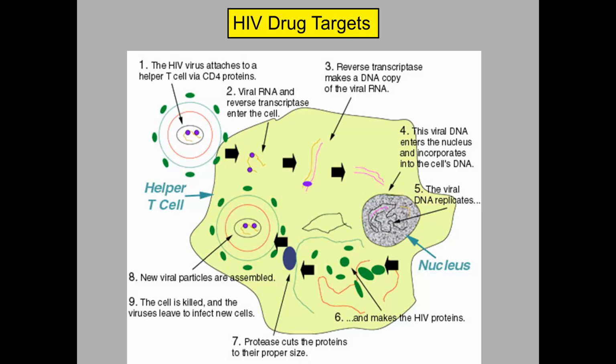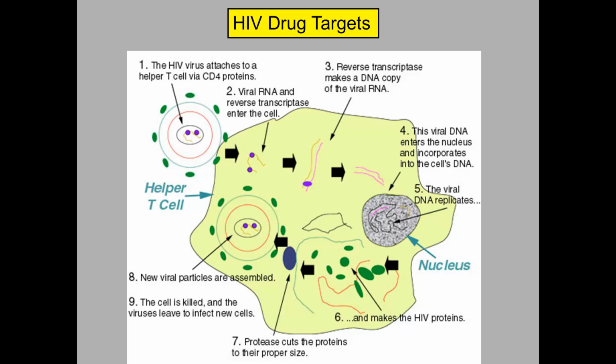So we've needed to define a variety of different drug targets for HIV so that we can treat individuals who have HIV with 2 or 3 different drugs and prevent the cells from becoming resistant to a single drug.